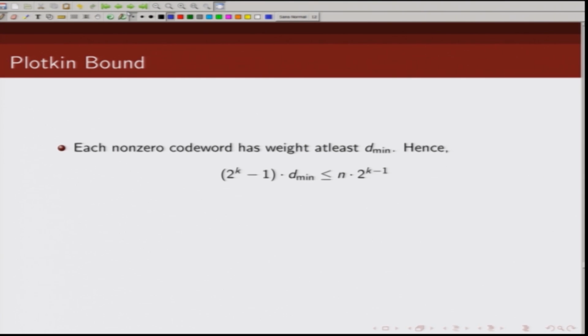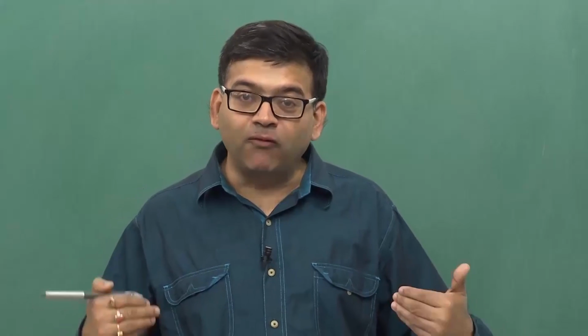This array consists of 2^k code words. Out of those 2^k code words, one of them will be the all-zero code word, because we are talking about linear codes. So, the remaining 2^k minus 1 code words will have minimum distance, which is equal to the minimum weight of a code word.